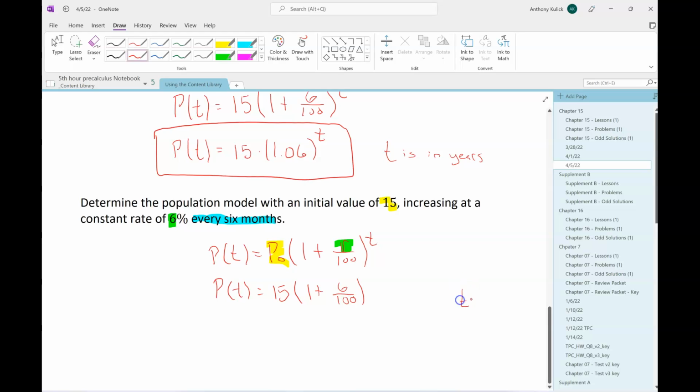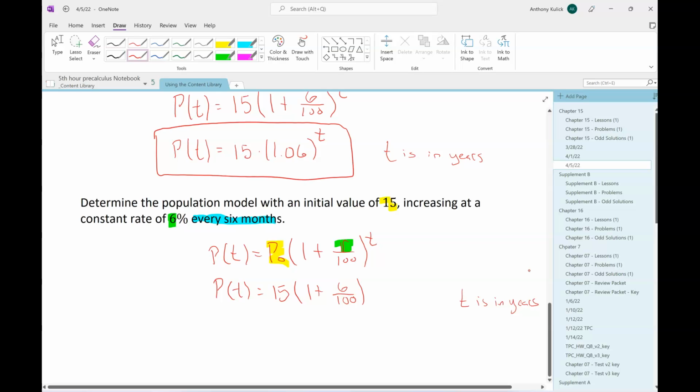Well, let's write it in years first. It doesn't really matter which one you choose, but the answer will be different depending on the unit for t that we choose. So let's say we write this in years. T will be in years.